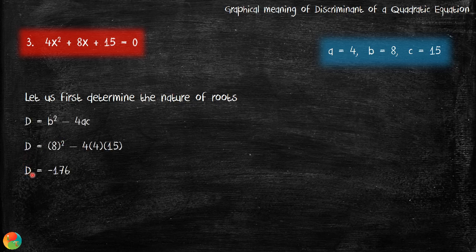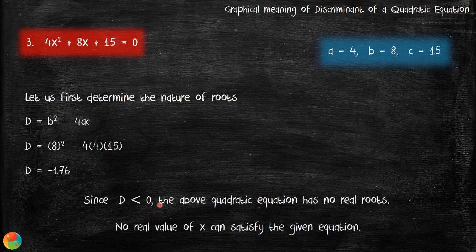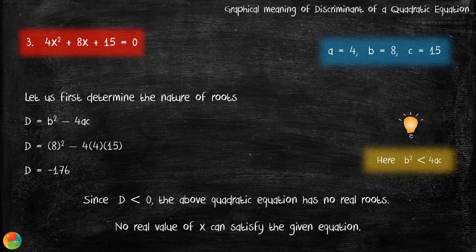Here d is equal to minus 176, which is obviously less than 0. And we know that if discriminant is less than 0, the equation has no real roots. So we'll say that there is no real value of x that can satisfy the given equation. The above equation has no real roots. Here b square is obviously less than 4ac.